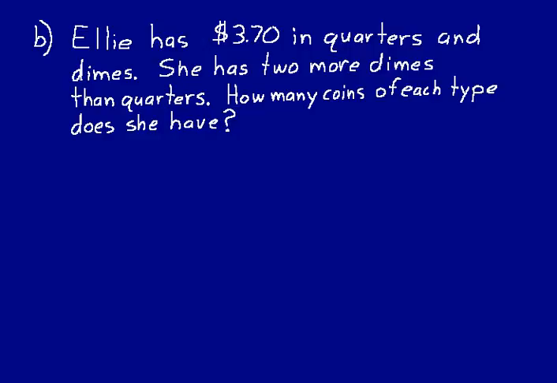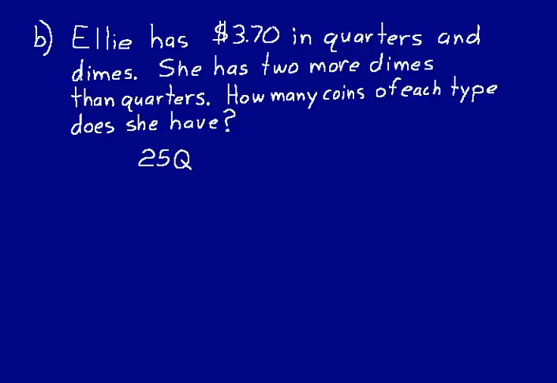So we're dealing with quarters and dimes, and a quarter is worth 25 cents. So we can say 25Q for quarters. And if that's confusing, just think about it. If you had 3 quarters and you want to know what their value was, you would take that number of quarters and multiply it by 25. That's what we're doing here. The Q stands for the number of quarters.